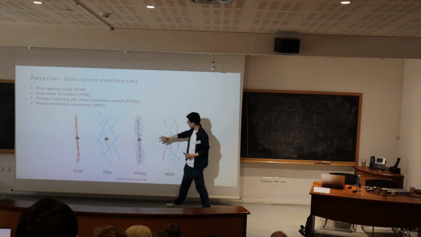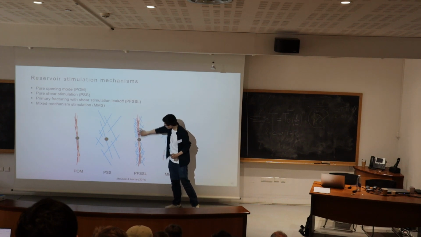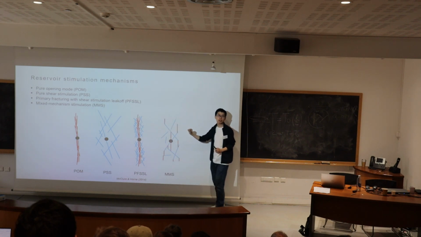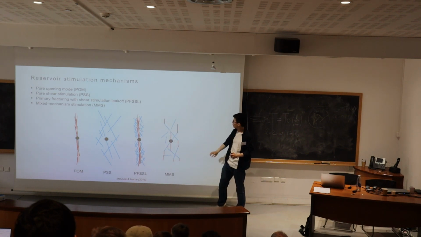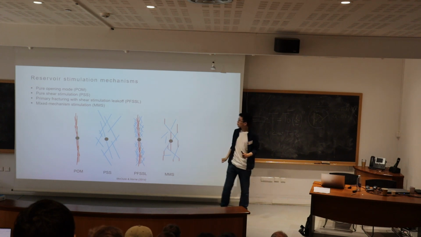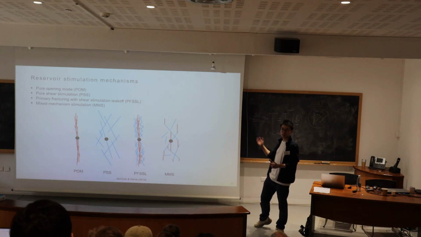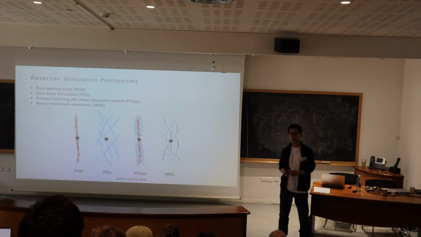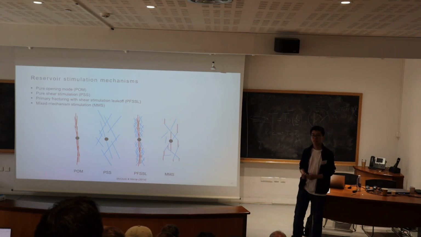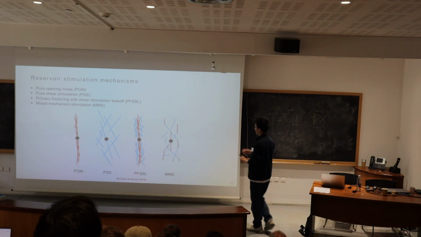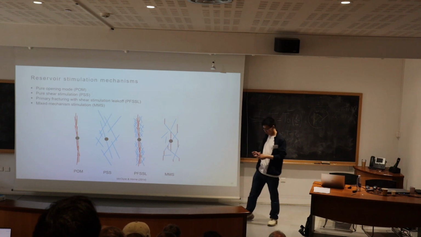Then the other one is mainly dominated by hydraulic fracturing, but with some small fractures also reactivated. And the last one is the mixed mechanism stimulation. So which one is dominant in geothermal systems? It's a kind of open question.